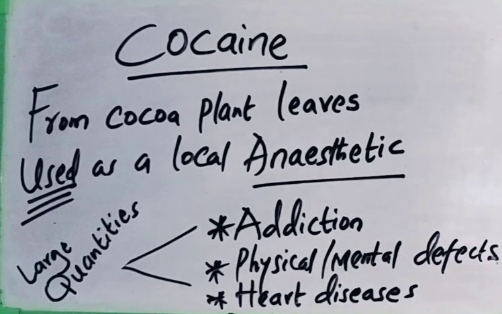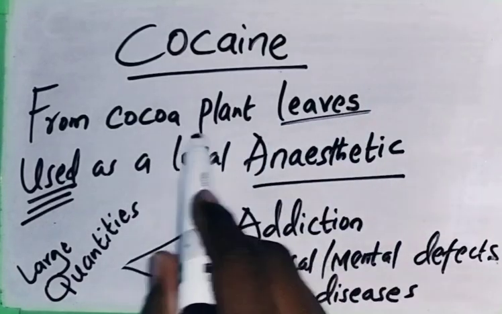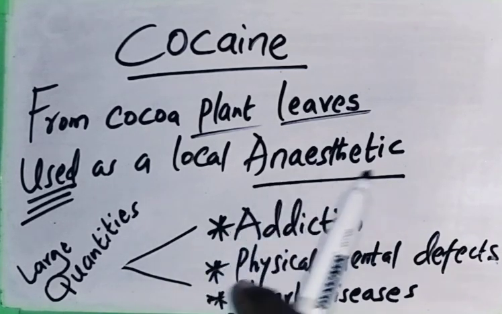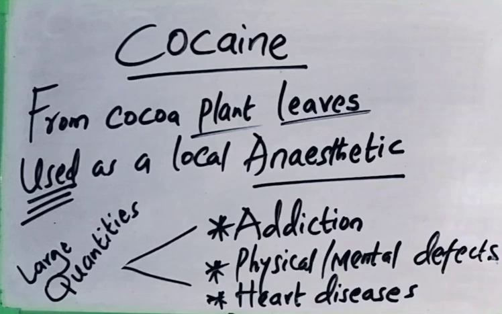Number 4, we have cocaine. Cocaine is gotten from coca plant leaves. And of course it is used locally as an anesthetic. But remember, this is one of the drugs that people abuse, especially when you use it in large quantities.